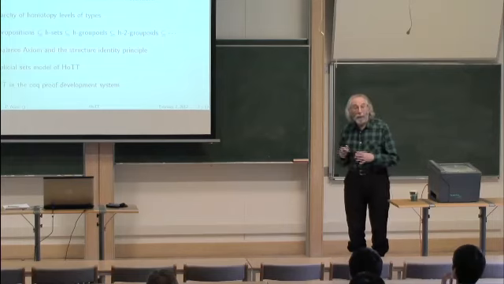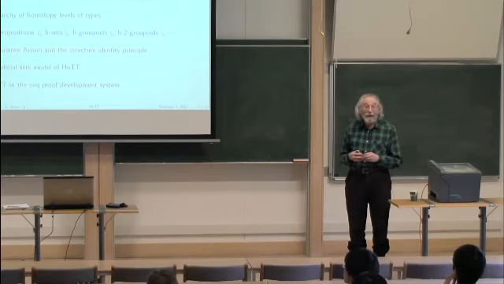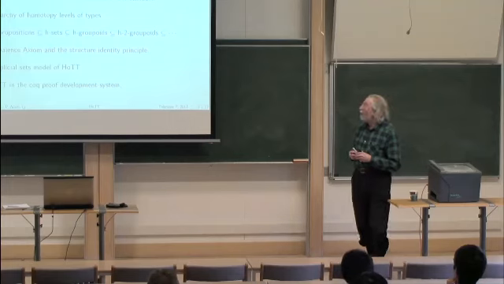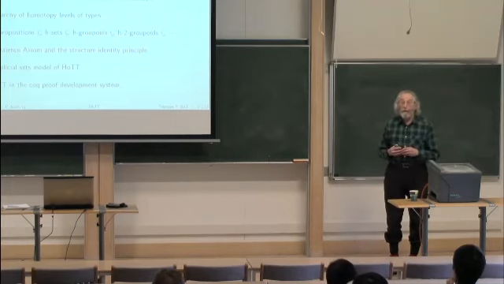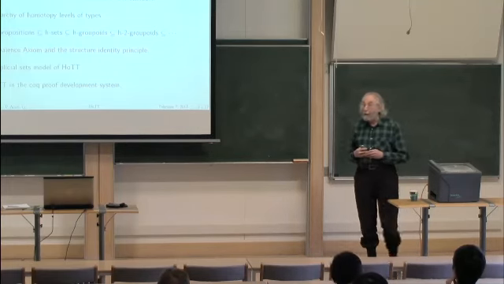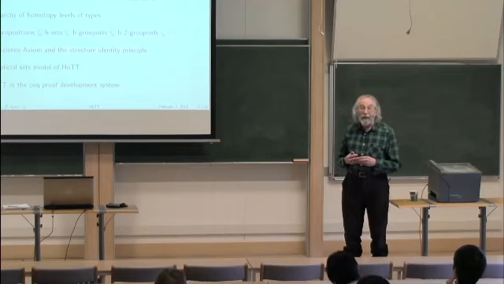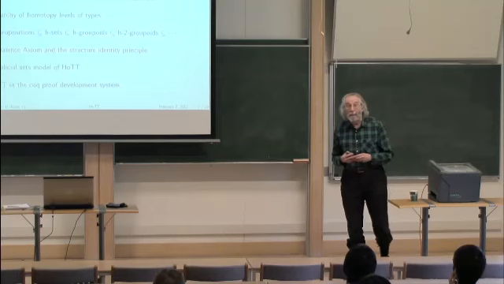In one sense, this is a good idea. It's going to put, I believe, proof development systems much more on the map. On the other hand, I think it's a rather bad idea to exclusively just do machine-checked mathematics.